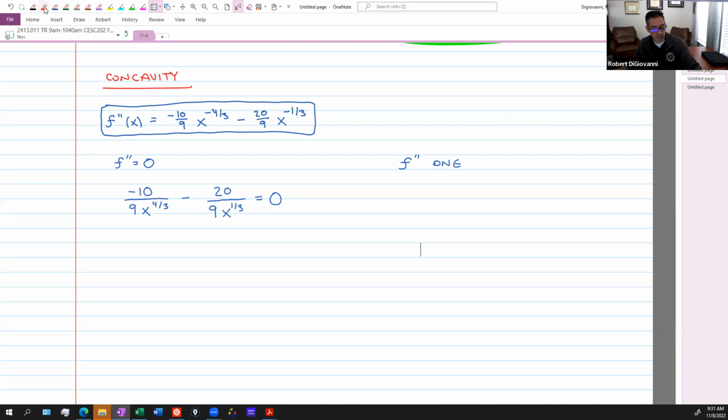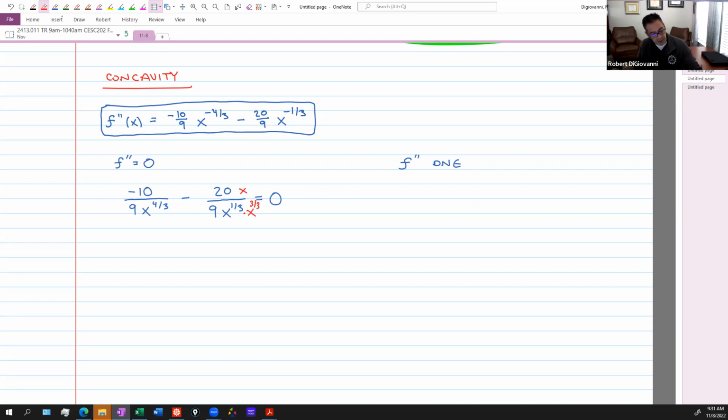What would I have to multiply it by? X to what power? X to the 3/3, right? Because when you add them together, you get 4/3. But x to the 3/3 is the same as x. So basically, I'm multiplying the top and bottom of that second fraction by x.